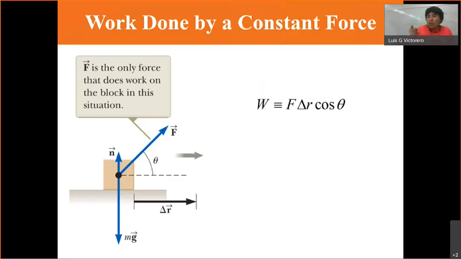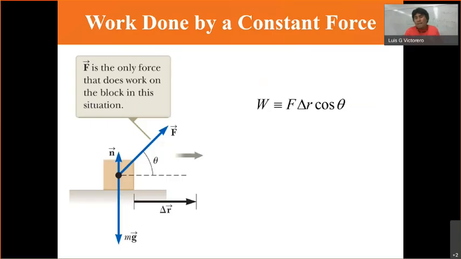Now, F and delta R, when we take the magnitude of the work, will always be positive. But cosine theta can be negative for angles that are greater than 90 degrees.